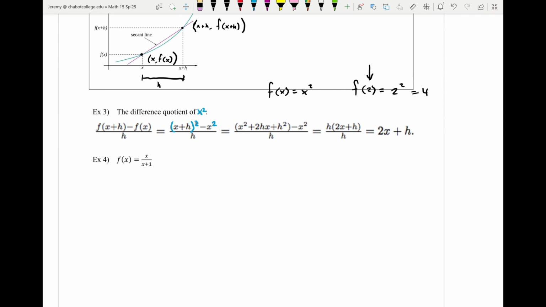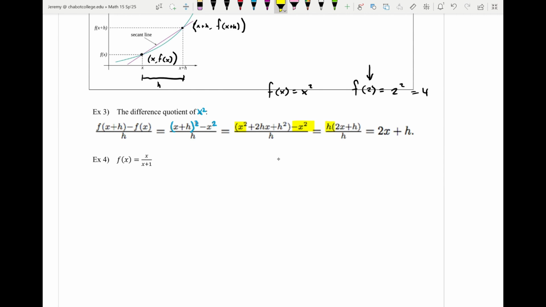And then once you do that, you want to simplify. Here the work is kind of shown. Remember, x plus h squared, we have to FOIL that out, so we get x squared plus 2xh plus h squared. And then simplifying a little bit, notice that we have positive x squared and negative x squared, so those will cancel out, and then we're just left with 2xh.